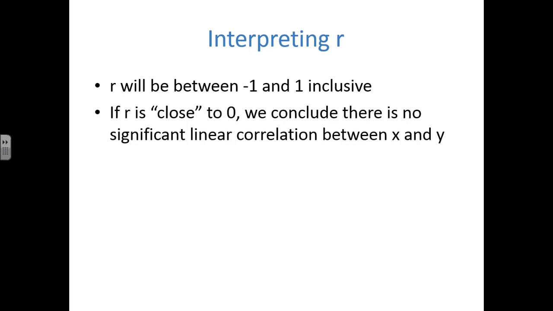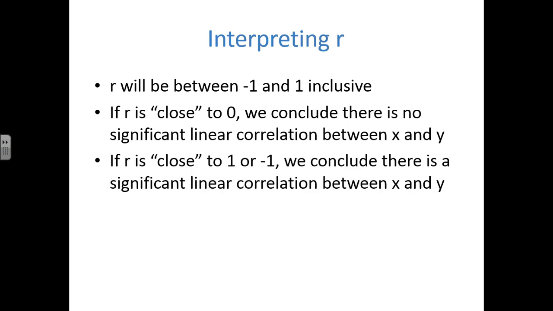In interpreting, r will always be a number between -1 and 1 inclusive. An r that is close to 0 signifies that there is no or very weak linear correlation between x and y. As r gets closer and closer to 1 and -1, we conclude that there is a significant linear correlation between x and y. If r is exactly equal to 1, then we say that there is a perfect positive linear correlation between x and y.